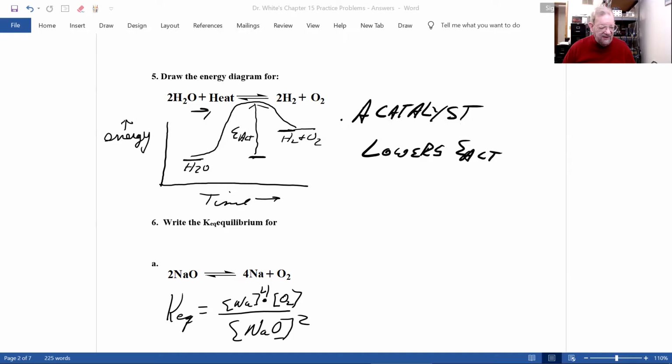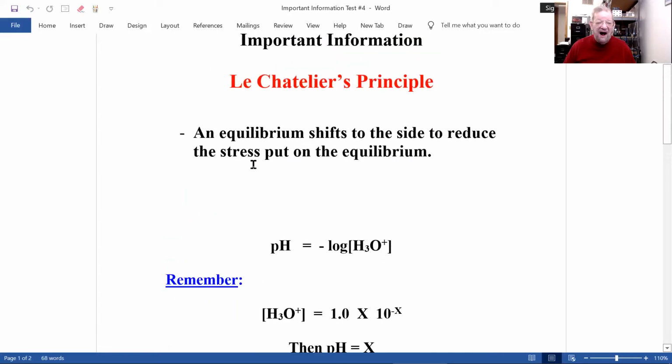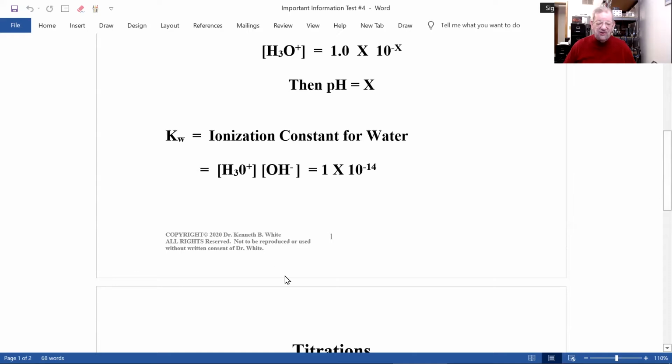Now, something I don't have open, and I better open up. If you look at the important information on test number 4, which is on the screen, I don't give you anything about how to do the following thing.